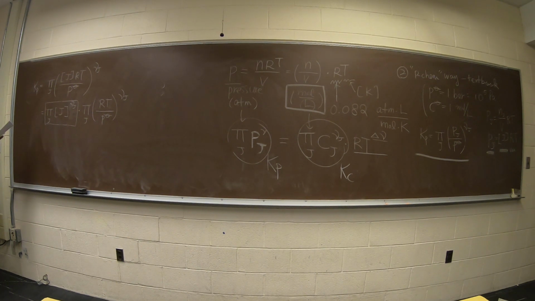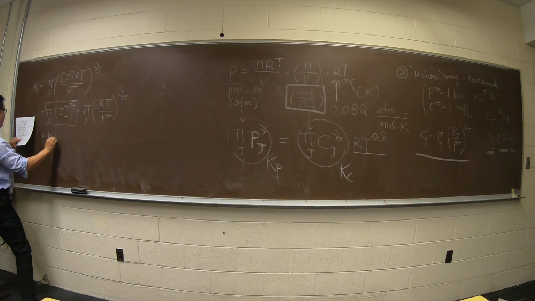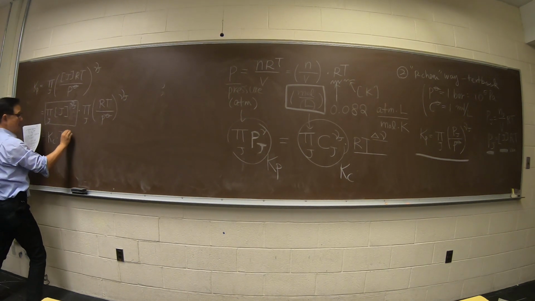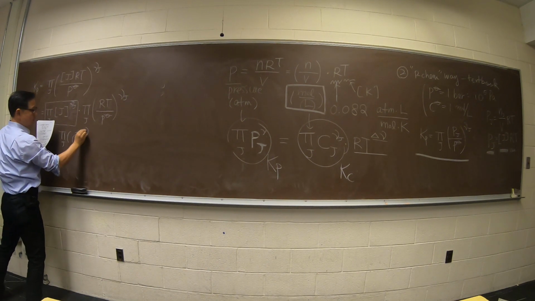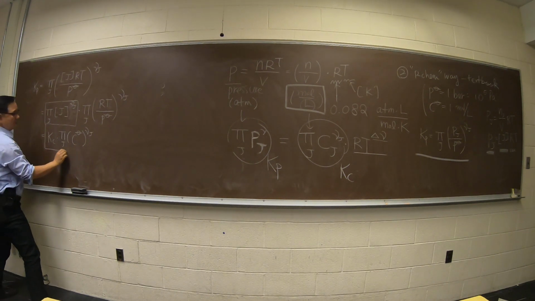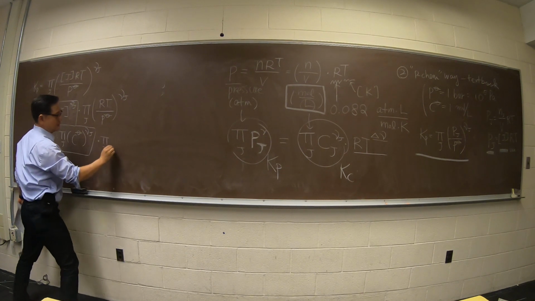So what that means is this one I can easily say Kc times mu_j, c naught. That's the one. I can just continue to multiply.